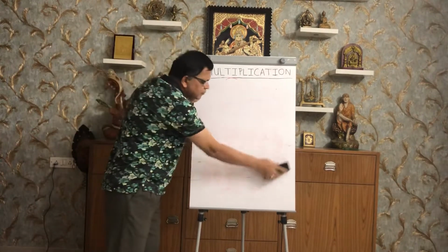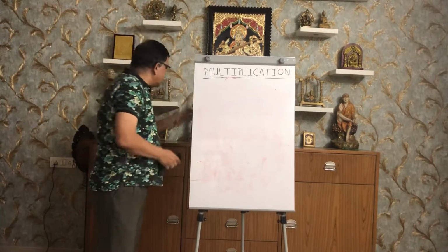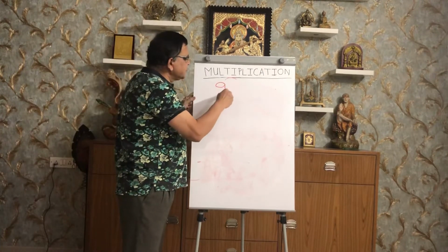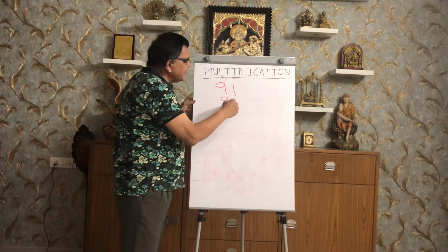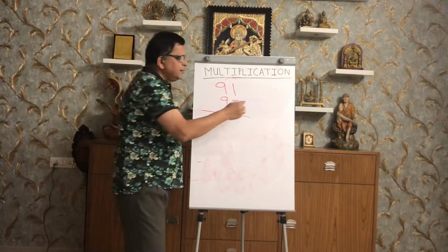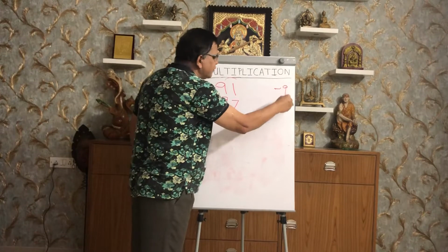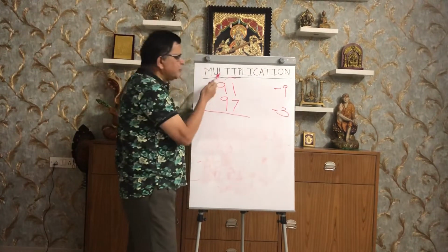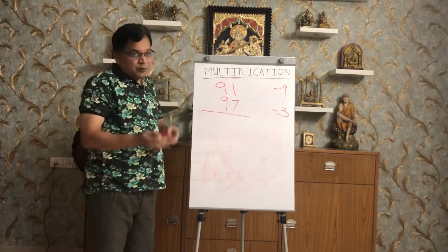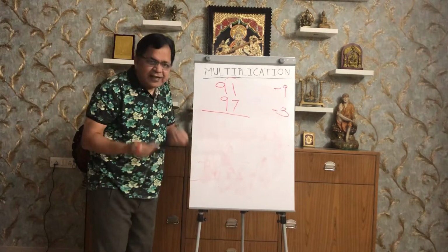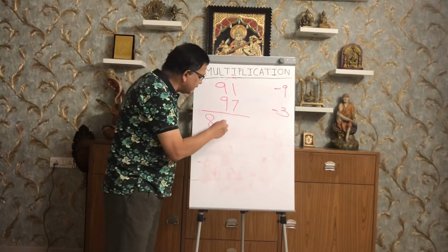Now let's take another number for your own practice, which is 91 into 97. Interestingly, again the base is 100. Here I get minus 9. Here I get minus 3. If you add 91 and minus 3, you get 88. If you add 97 and minus 9, you get 88, which is the significant digit.